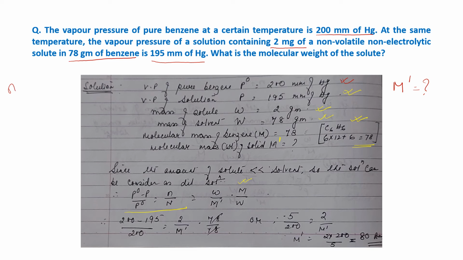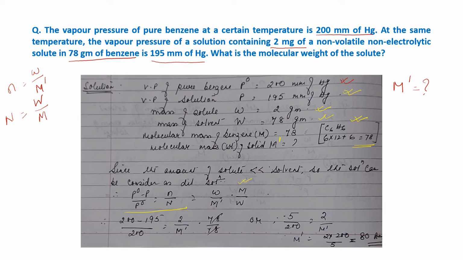Small n is equal to small w by M dash, weight of the solute by molecular mass of the solute. And capital N is equal to capital W by capital M, weight of the solvent by molecular mass of the solvent.